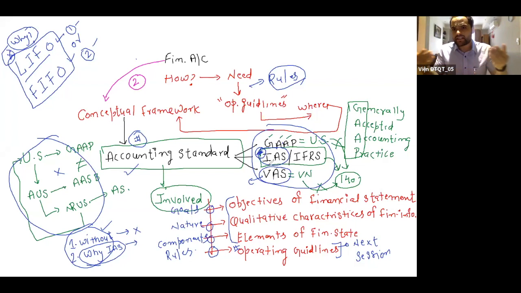If your accounting standards are different, the information coming from two different accounting standards, it's really hard to make comparison. So in order to maintain the comparability, we are adopting same accounting standards, right? That's one of the reasons why international accounting standard is important, right? I hope you got the idea.